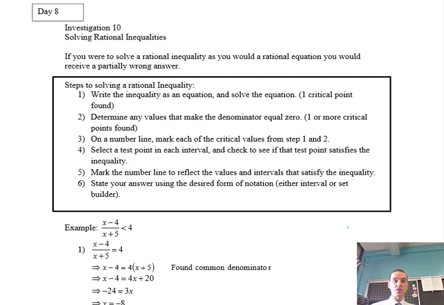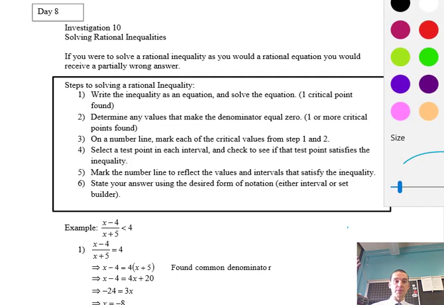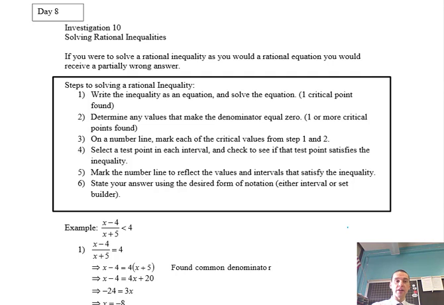Now, one of the things that you have to do here is make sure that we are looking at the original inequality sign to know whether it's open or closed.